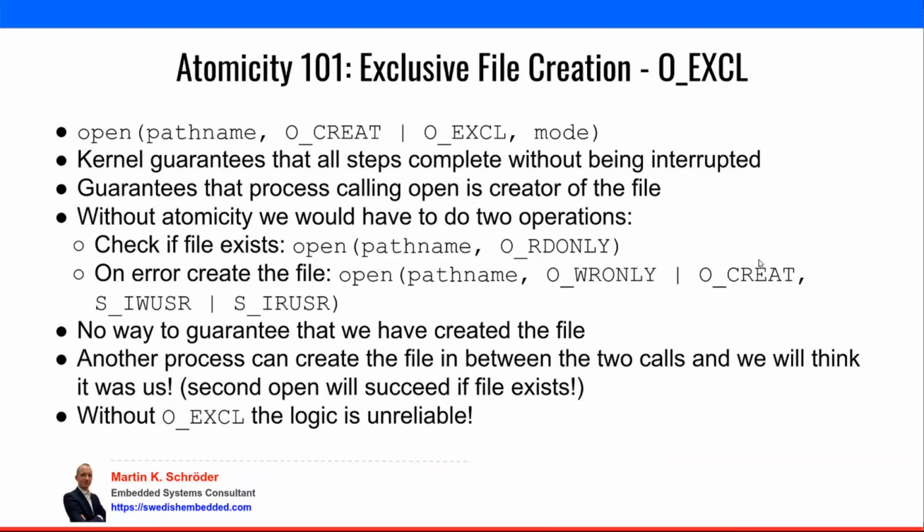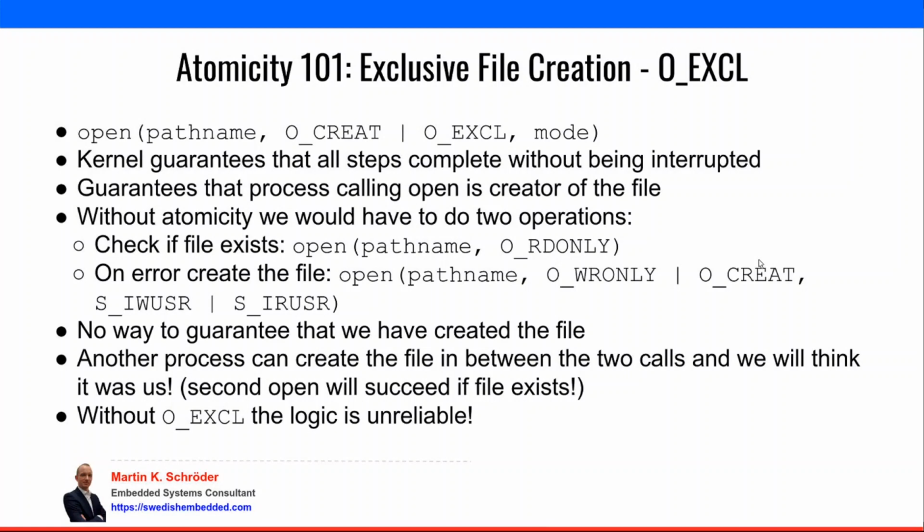Actually, there are two steps. The first step is that you have to check whether the file exists. The second step is that you actually create the file. Now, if we do that as two separate calls, we can end up with two processes checking the file and finding that it doesn't exist. And then we can have one process create the file and another process create the file.